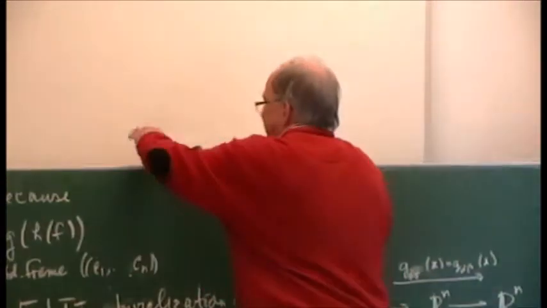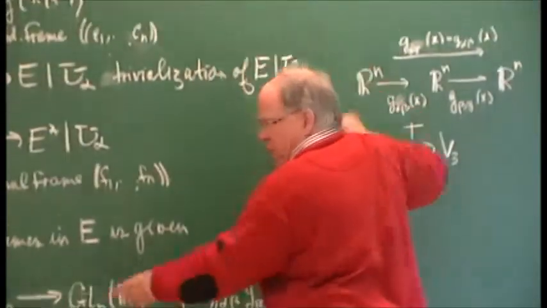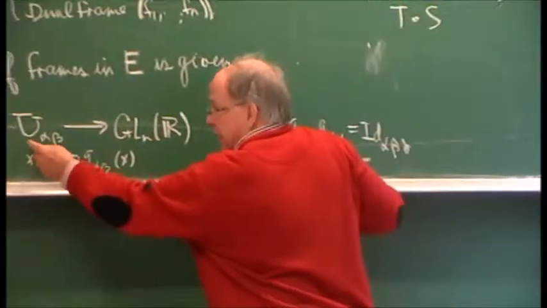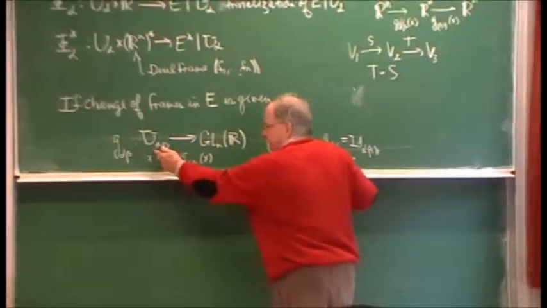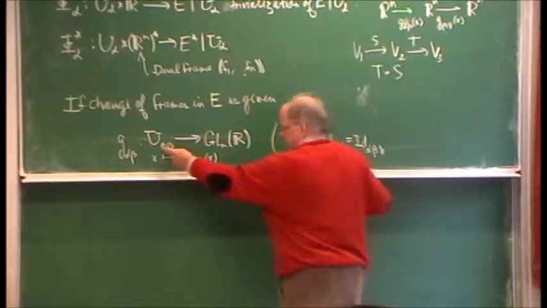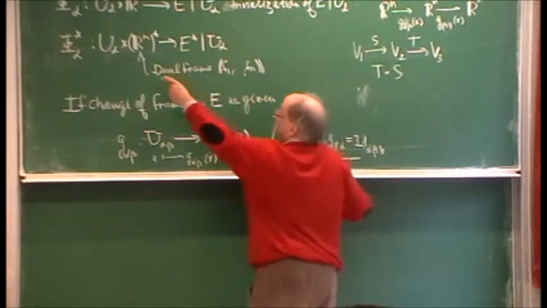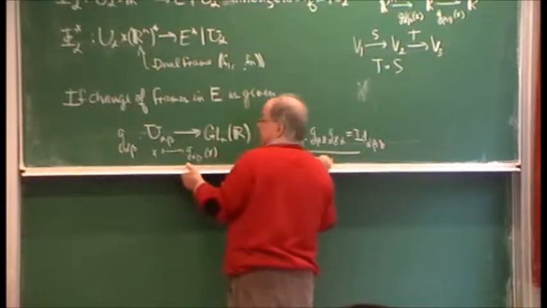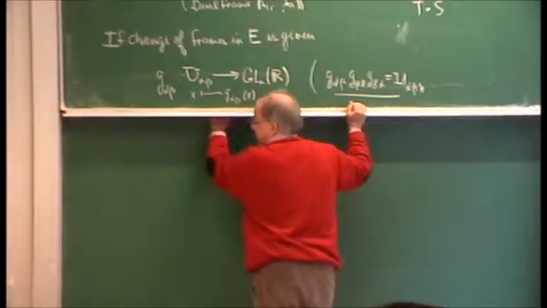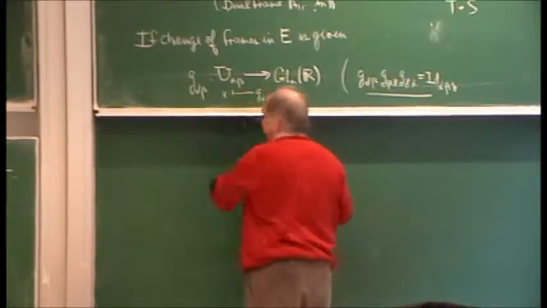Okay, so before I made the sidetrack, this is the frame change for the bundle E. And the frame change for the bundle is a matrix. It's a matrix valued mapping.